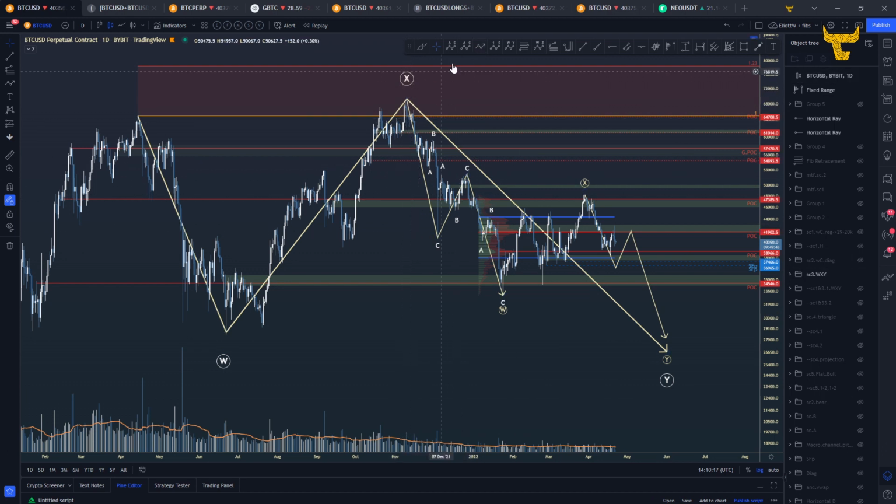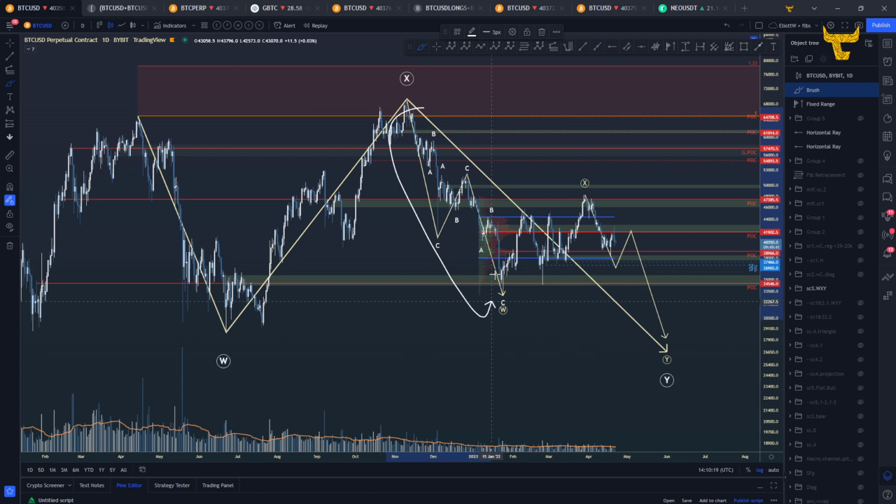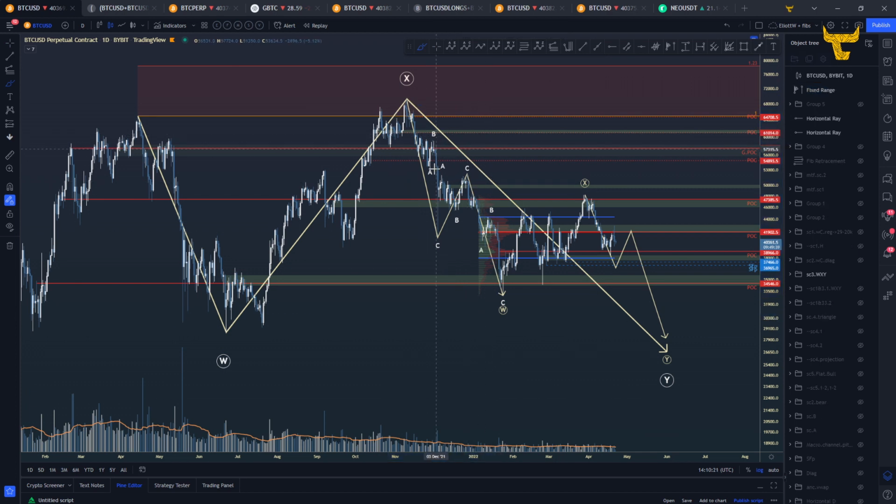So this being an ABC, here we have a WXY, and we will be looking at an ABC. There is a possibility that wave X is not finished yet. We'll see that while zooming in.